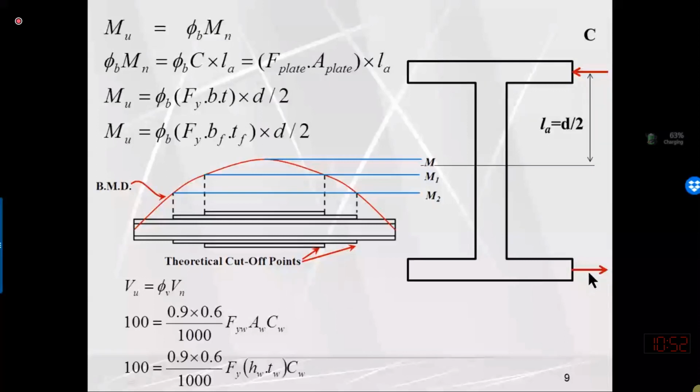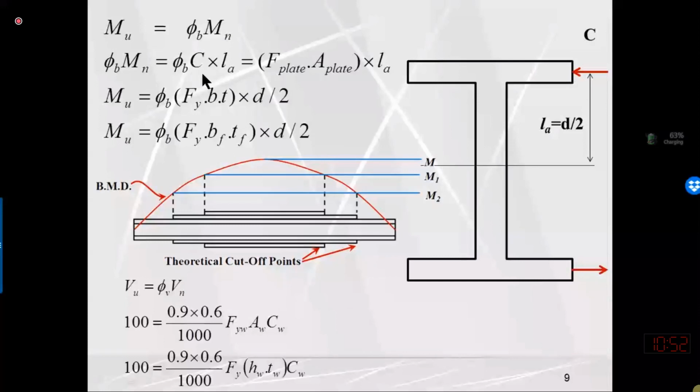This means that if we assume all the bending stresses are resisted by the flange, then we can assume this compressive force is acting at the center of the flange, and the moment produced by this compressive force about the neutral axis will be equal to C into lever arm.